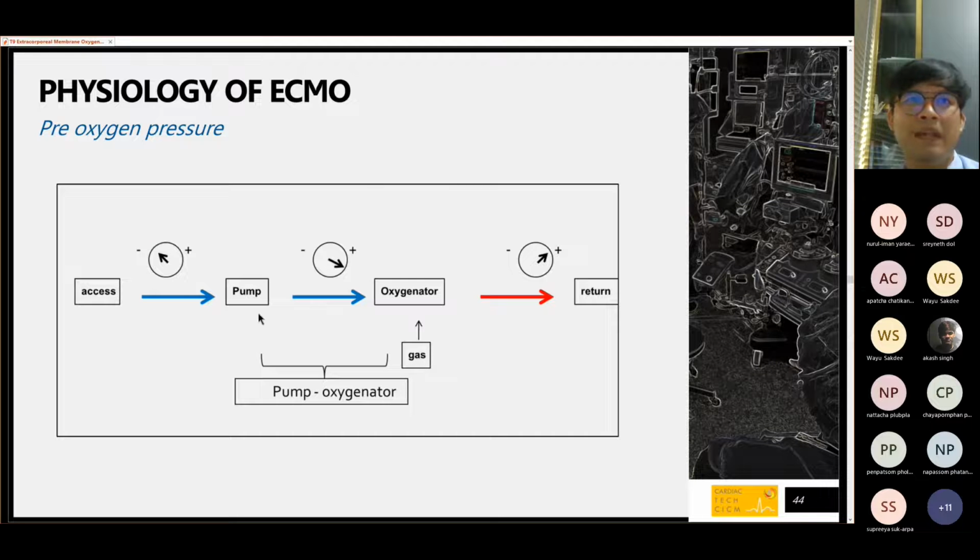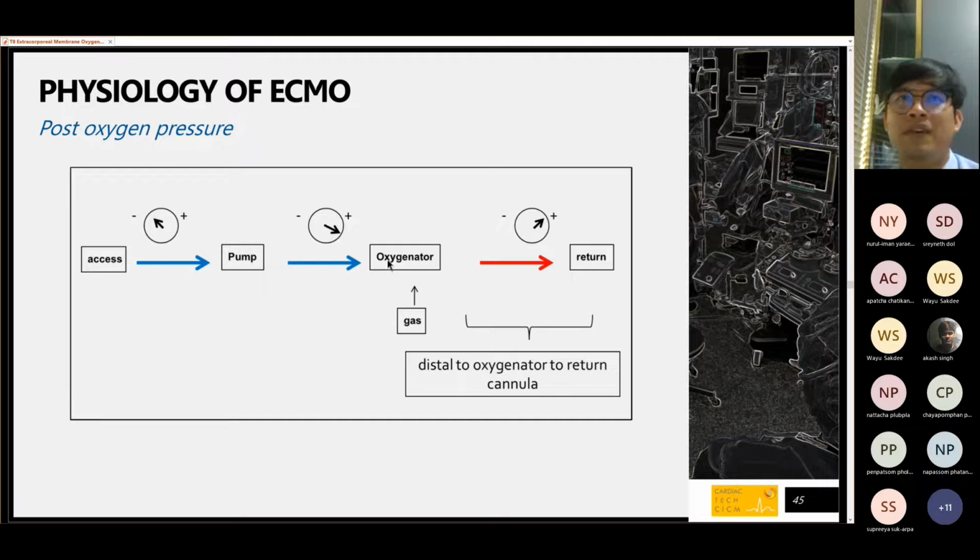The next pressure is in between the pump and oxygenator. So imagine it's just come out of the pump, so it's much more increased. So let's say this one is going to be positive pressure. And after passing through the oxygenator, the pressure is going to drop a little bit, but still on the positive side.